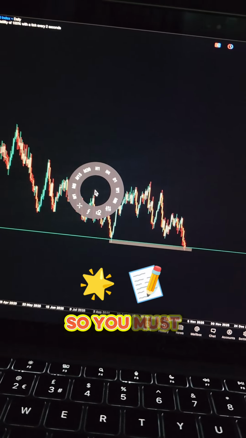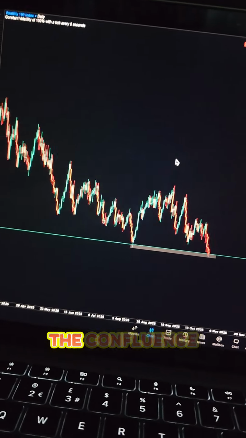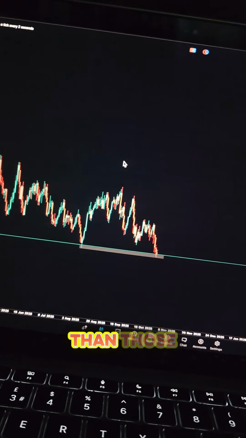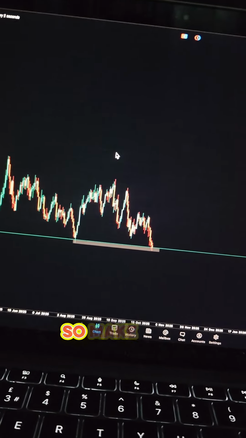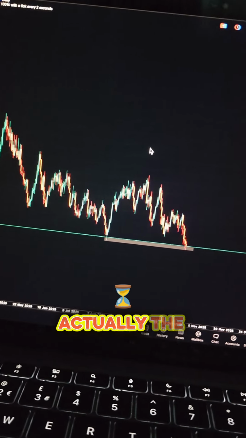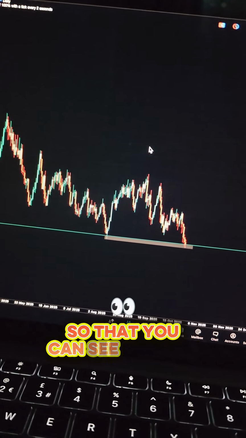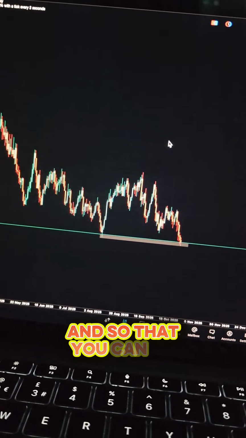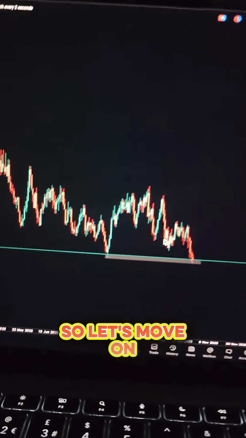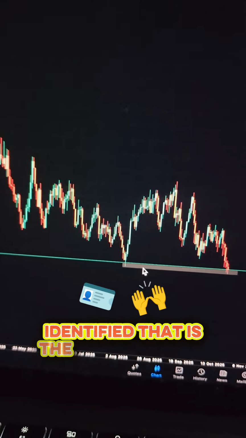You must always remember that the confluences on the higher time frames are always more powerful than those in lower time frames. So make sure that you analyze your markets from the weekly time frame so that you can see clearly and understand it from the bigger picture, right? So let's move on. This is the first confluence that we have identified, that is the support, right?